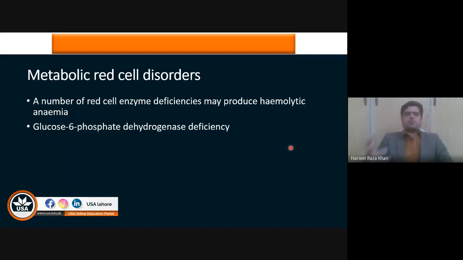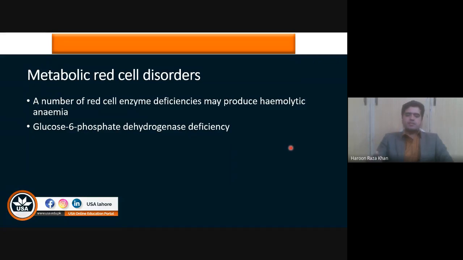G6PD, for short, is a vital enzyme in a special hexose monophosphate pathway. This maintains the glutathione in a reduced state. What is this glutathione? This glutathione protects against oxidant injury in the red cells.